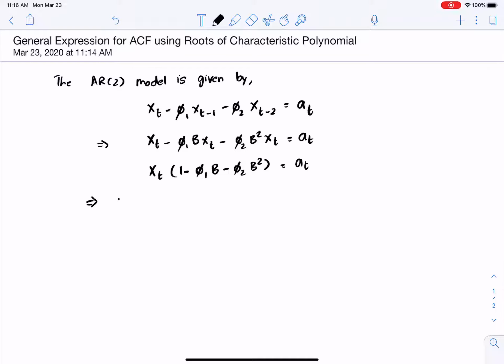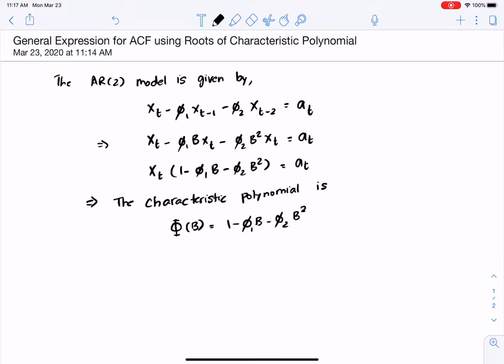This would mean the characteristic polynomial is phi of B equal to 1 minus phi 1 B minus phi 2 B squared.